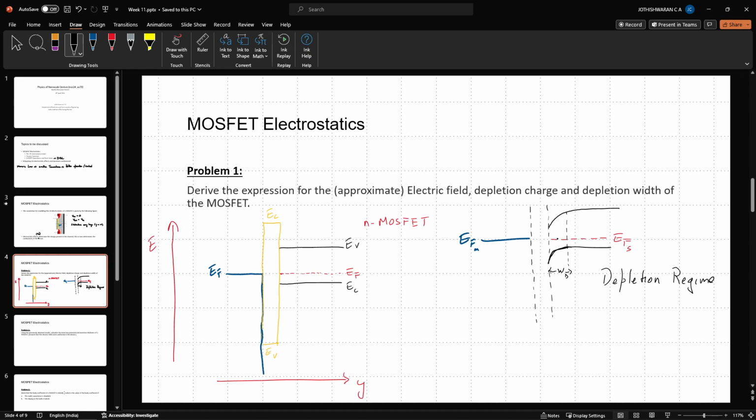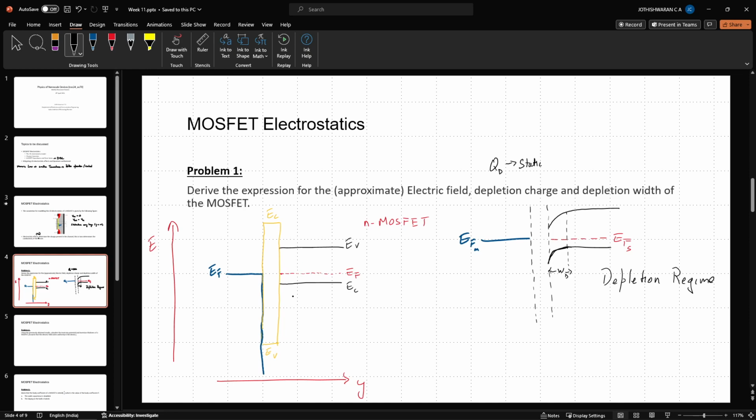However, what I'm going to do is simply use some intuitive guesses to say what the electric field and the other things are going to be. The first thing we need to understand is that this depletion charge QD is not a mobile charge. This is a static charge. Why?